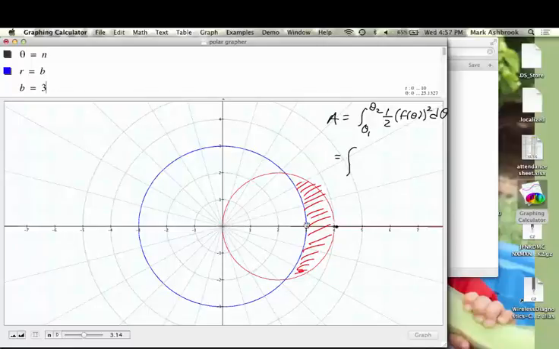Angle theta equals 0 is right here. We could do that and double it, because we're just doing an area and we know it's symmetric. So we could go from 0 to arccosine of 3/4, and then multiply by 2.